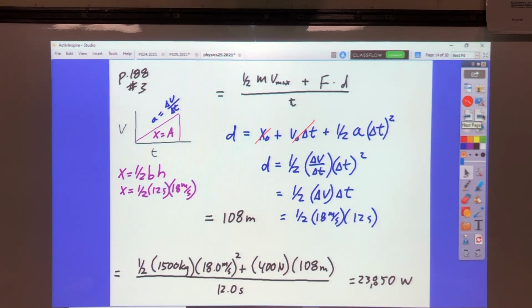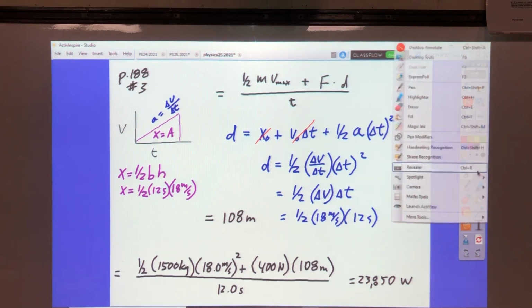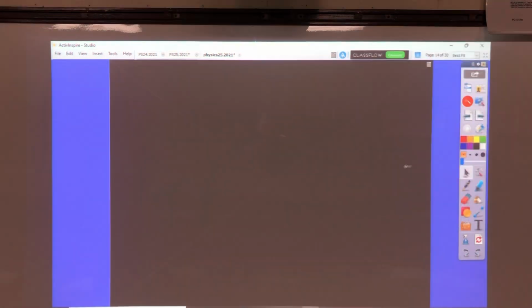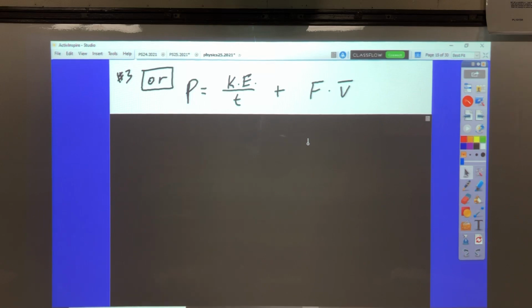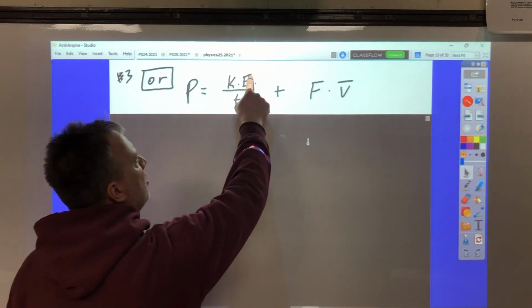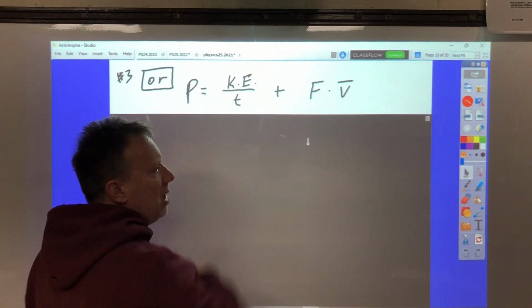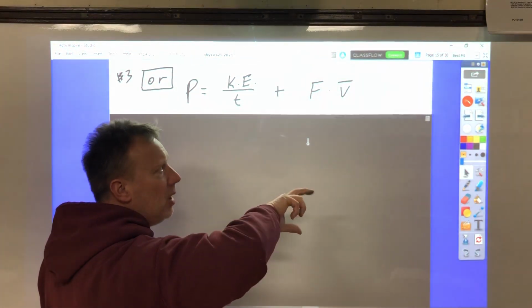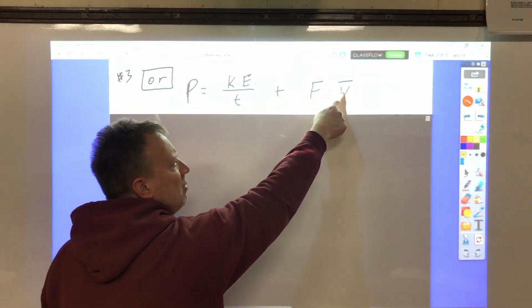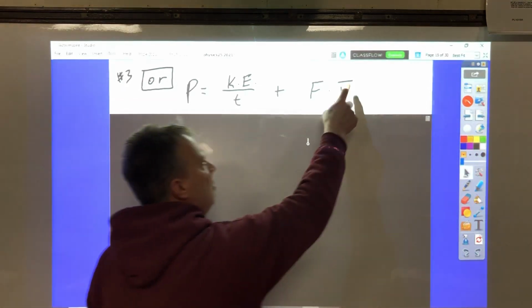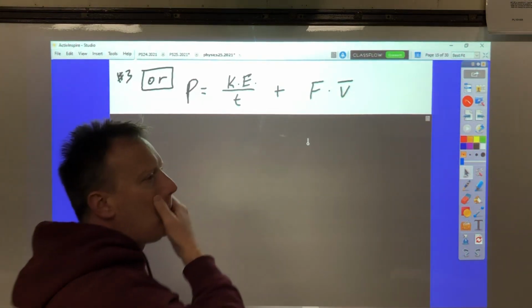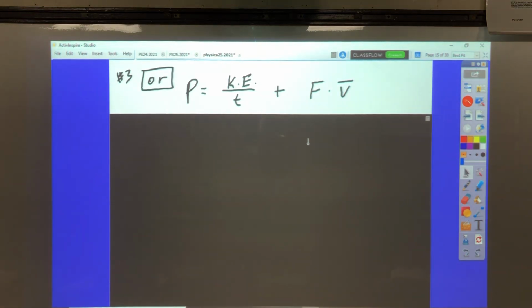There's an easier way to do this. If we say that the power is equal to the kinetic energy divided by the time over the accelerating part, plus force times velocity for speed, and this is average velocity, then we can do this.